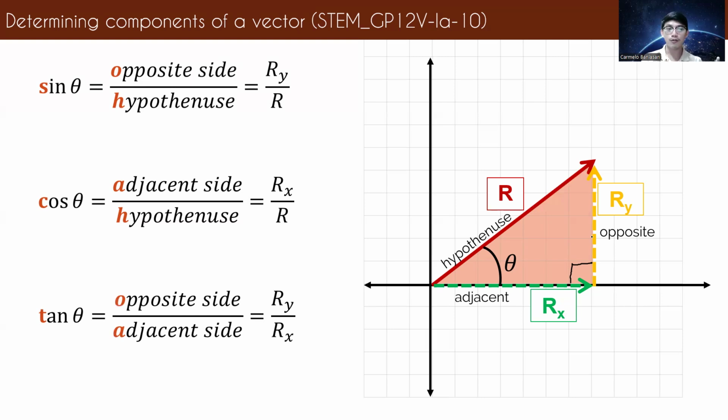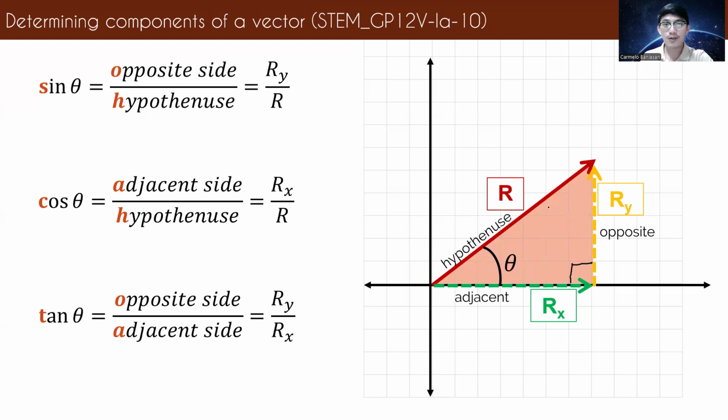But we are going to focus on SOHCAHTOA because that will be useful during our discussion. So we have sine of an angle is opposite over hypotenuse. This is just a review because I know this was already discussed in your pre-calculus subject. We have cosine of an angle, adjacent over hypotenuse. We have tangent of an angle, opposite over adjacent.